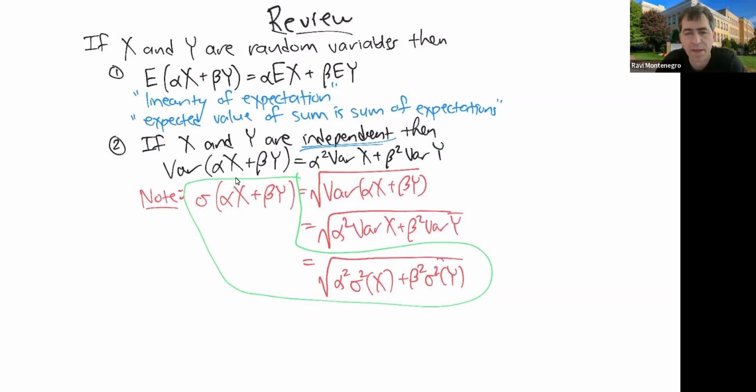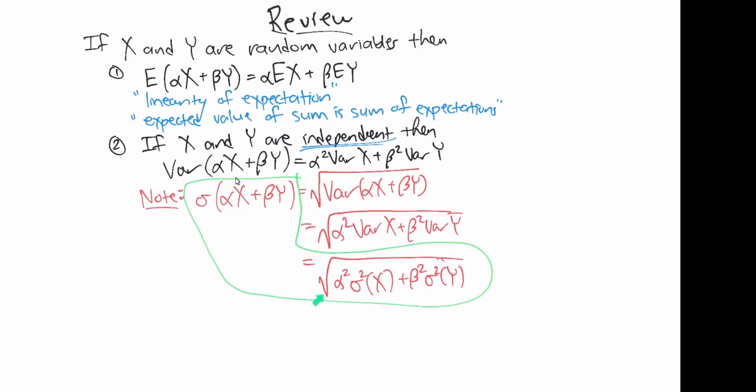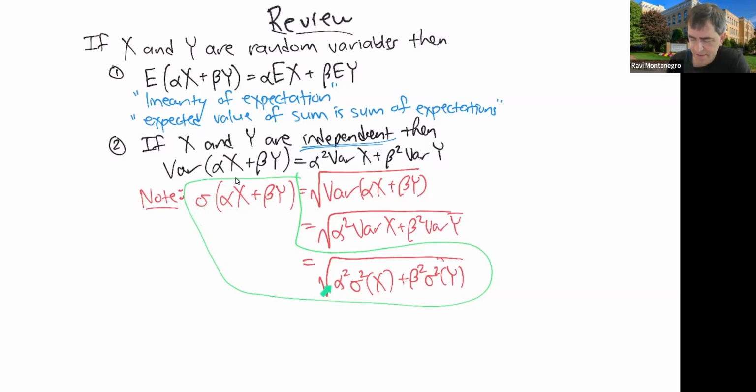If you wanted to make it feel linear, you could take this square root and square it, and then you'd have sigma squared is alpha squared sigma squared plus beta squared sigma squared. But if you write standard deviation, you just get a messy thing, and that's just the way it is. As you asked, sigma squared means the square of the standard deviation, which really is the variance.